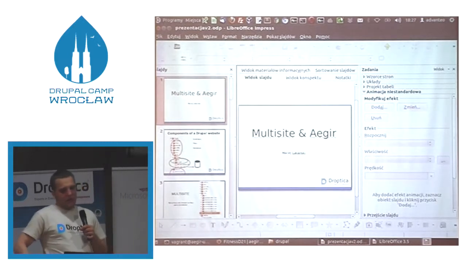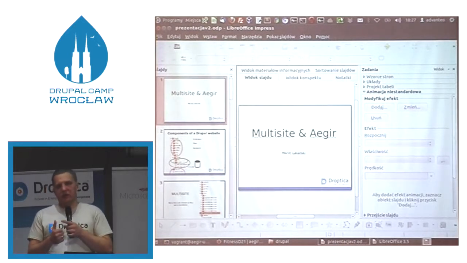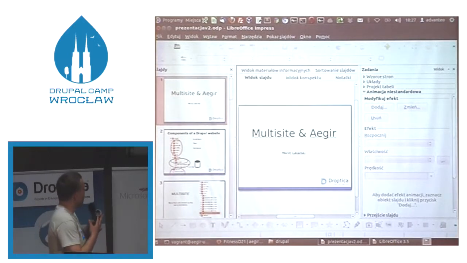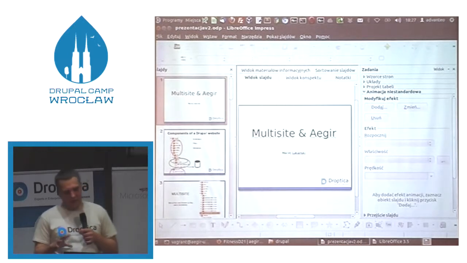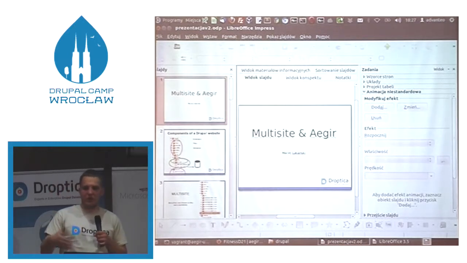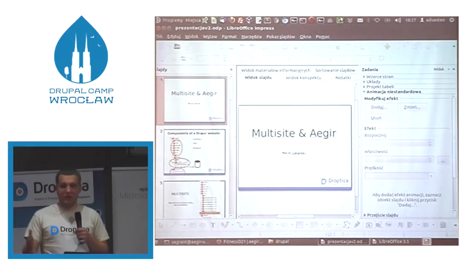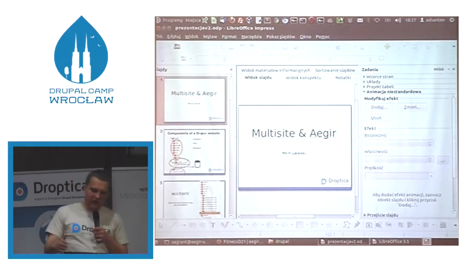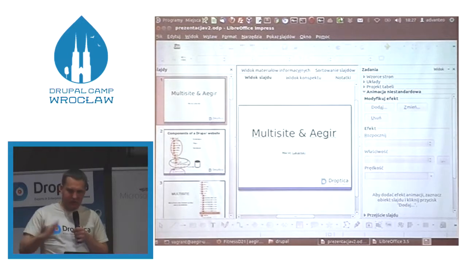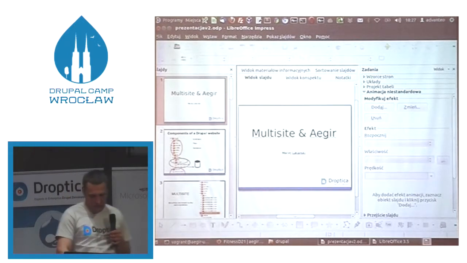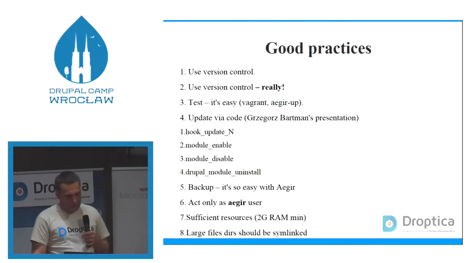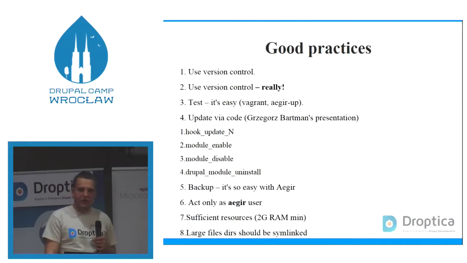And if you have these sites on Aegir, your cron is run by Drush, caches are cleared by Drush, migrations are done by Drush, update hooks, this is all run by Drush. If you don't have enough resources, Drush is not going to execute them, and you're not even going to know that your cron is not running because Drush is aborting every single time it tries to launch cron. So you have to have sufficient resources to actually run Aegir.